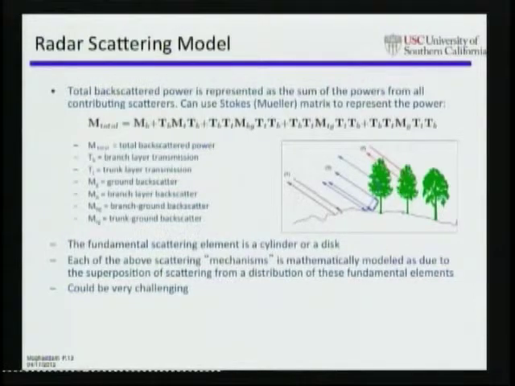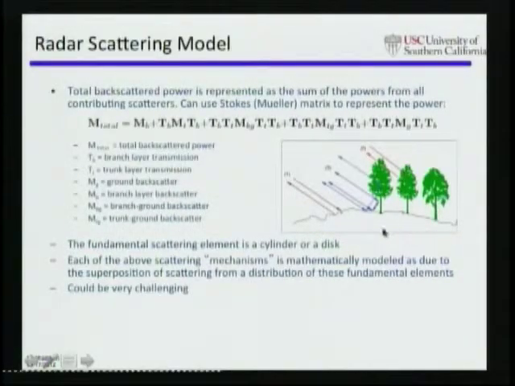And then at the end, what happens? The radar waves, when they come back to us, you can think of as coming from different contributions from different parts of this scene. The forest floor is a rough surface, so that's the first contribution. The second contribution comes from the vegetation canopies.